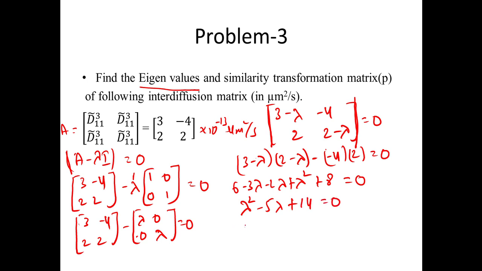The lambda value will be, perfect square is given as 7 and 2. Solve this quadratic equation, please.